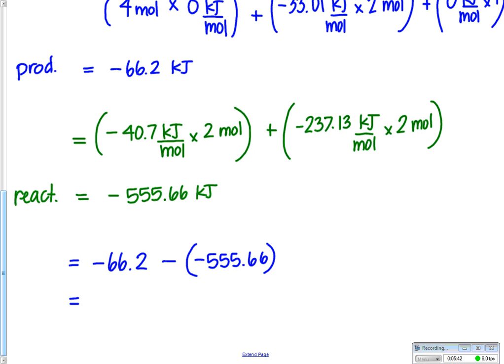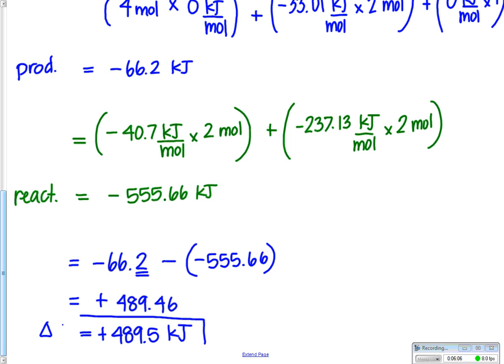So you should come up with a positive 489 point. And now since there are 2 decimal places in my calculator, I get 46. I'm going to actually round that to 1 decimal place because that has one decimal place. So 489.5, and then the label would be in kilojoules. And so that is my delta G value for this particular problem.